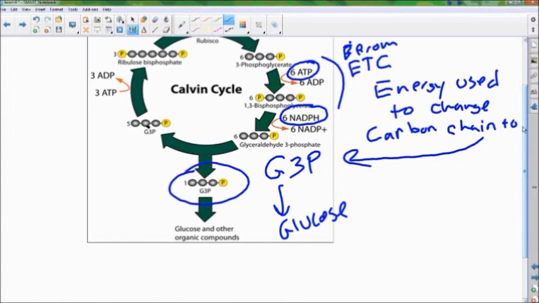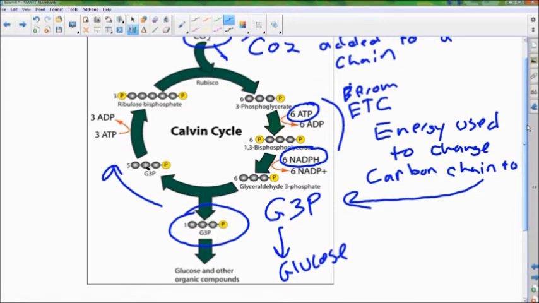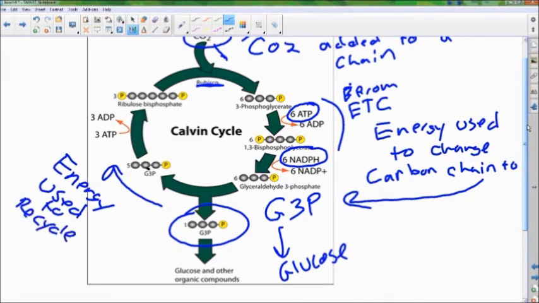The other 5 molecules go on, and energy is used to recycle those to the starting product, which we call rubisco. So here, energy is used to recycle to the start.